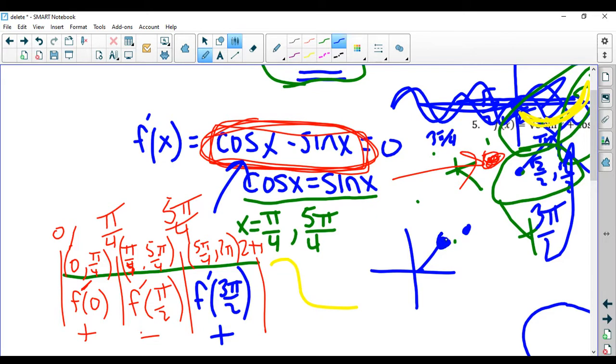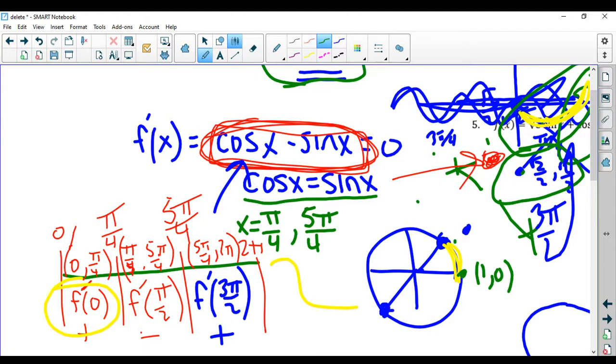This was my first critical number, pi over 4, on the unit circle. This was my second critical number, 5 pi over 4. For my first interval, I decided to use 0, which is at the point 1 comma 0, which means cosine is 1 and sine is 0, and that's how I got this number. My second interval was from pi over 4 to 5 pi over 4, so I could use anything in here.